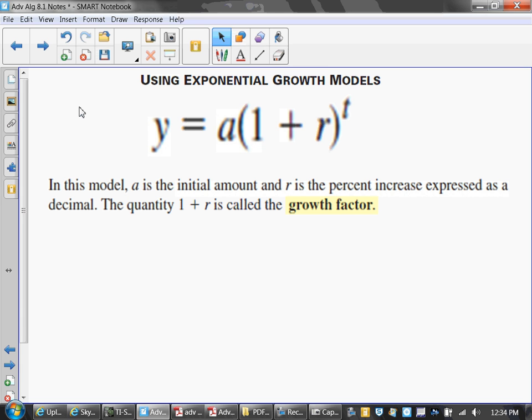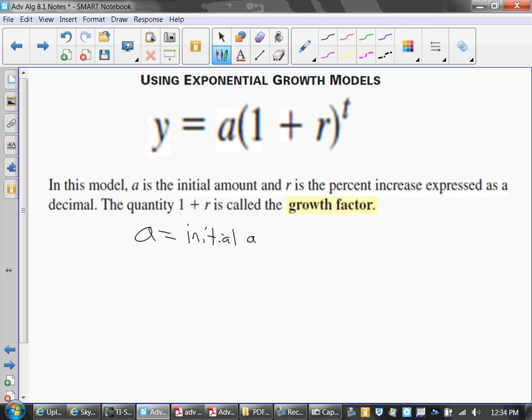Let me explain what each of these parts mean. A is always an initial amount, whether it's money, population, whatever. R is some percent as a decimal.